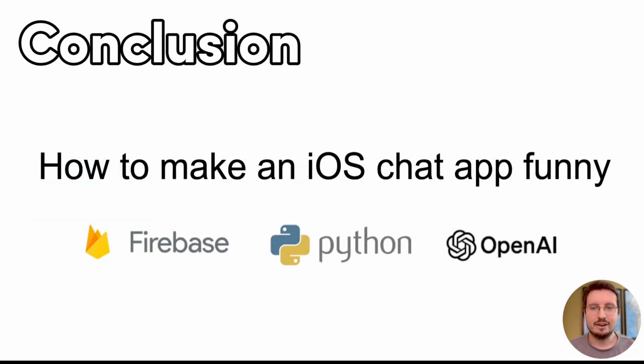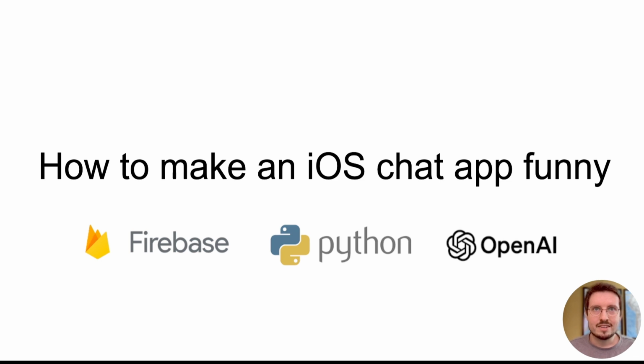Today we made our iOS chat app somewhat funny. To do this, we first started with a design. Then we covered the assumptions necessary to complete this project. We then went over how to store secrets in Google Cloud. Then we covered how to create a basic Firebase function that just responded with world.